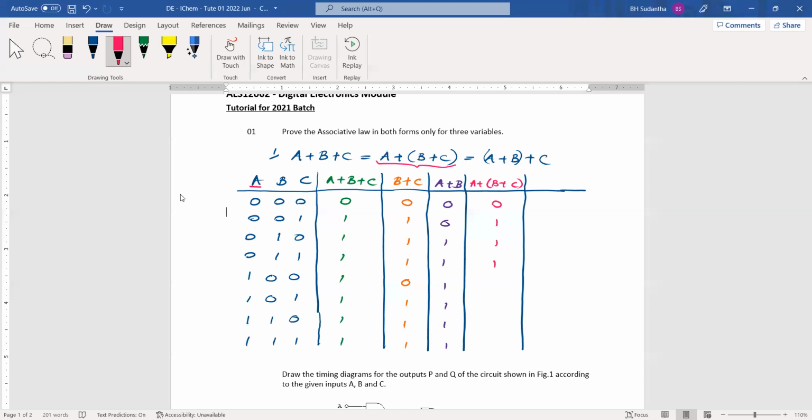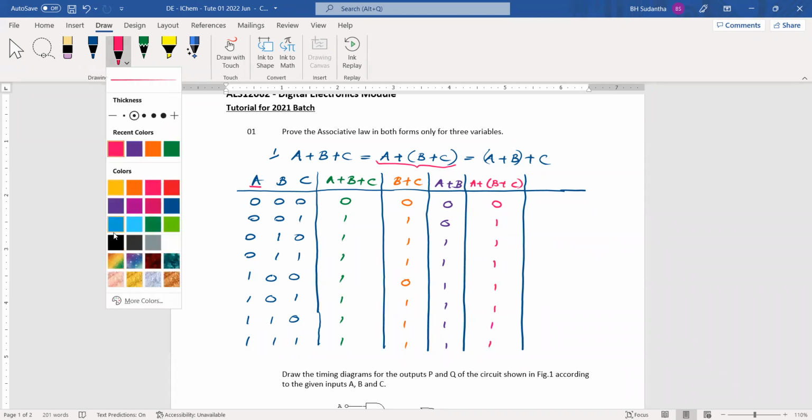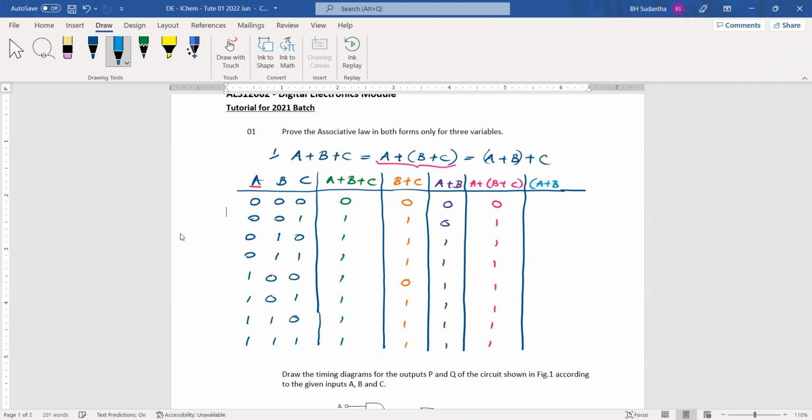And for this one, it is 1, 1, 1, 1, 1, like that. Okay. Next one we can take this one. This is A plus B and C. This is 0. And this is 1, 1.